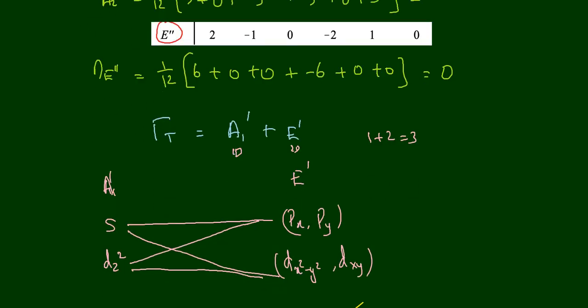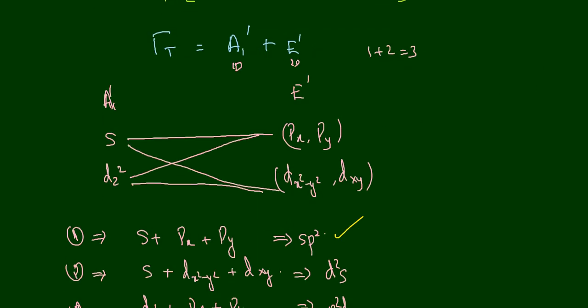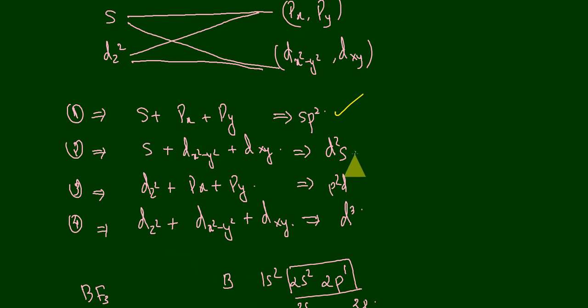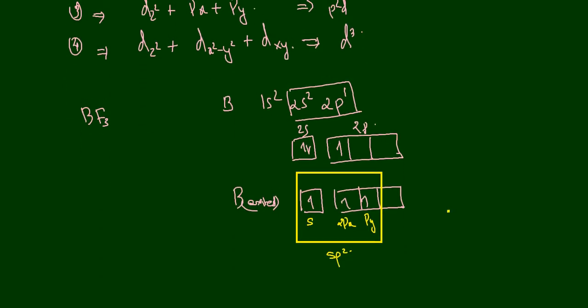We found that the total character is composed of one A1' and an E'. Then we found that the prominent possibility in this case is sp2 hybridization, and we cannot neglect the contributions from the d orbitals if we are considering transition metals also. That's what I wanted to tell you about the hybridization in trigonal planar molecules in terms of group theory.